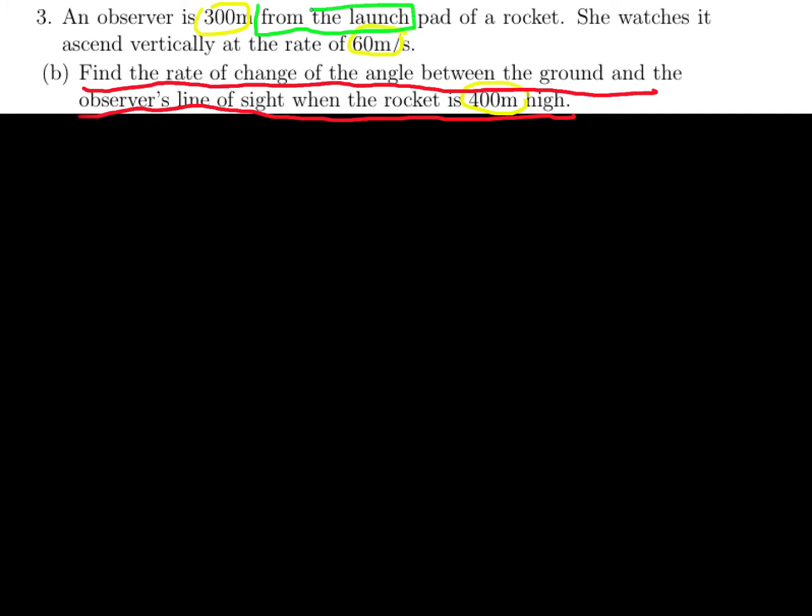That's going to give rise to a variable. It's ascending vertically at a rate, so that's our derivative. We want to find the rate of change of the angle between the ground and the observer's line of sight. So there's all our key ideas.